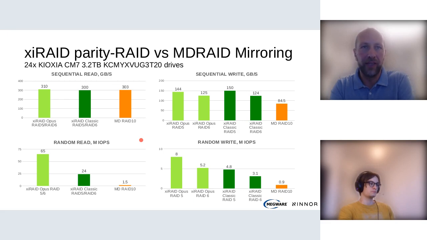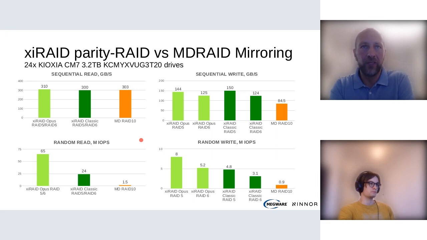So, for example, we validated Opus with the BlueField 3 from NVIDIA. The classic implementation operates within the kernel, and by operating within the kernel, we expose a block device where you can mount a file system on top and run the application.